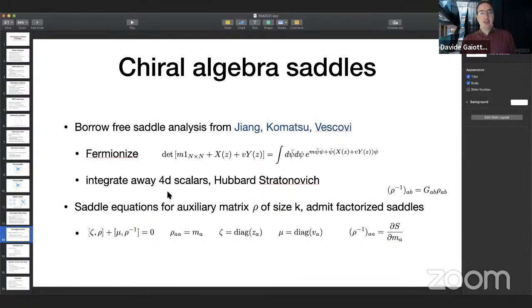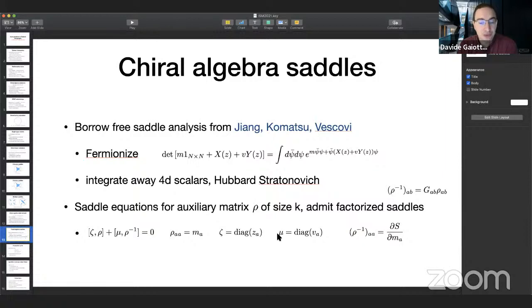In the particular case of the chiral algebra setup, the saddle equations simplify a little bit. The original saddle equations in Jan Komatsu and Vescovi are equations for a matrix, but they're not matrix equations in the sense that they involve operations that are more complicated than multiplication or inversion. But in the chiral algebra setup, there is a very neat simplification, and the saddle equations can be written in a simple form. Let me denote as zeta the diagonal matrix whose entries are the positions of the determinants on the sphere.